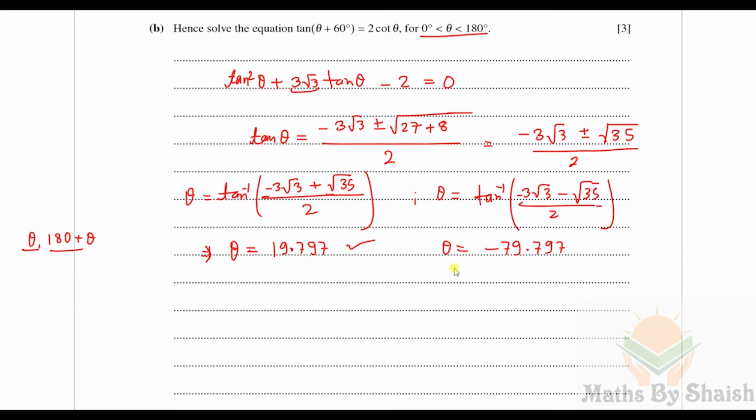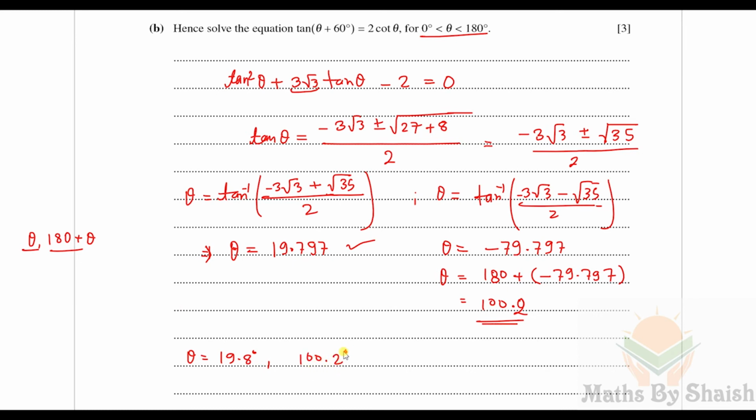It is going to be 180 plus the angle theta, that is minus 79.797, so it becomes 100.202, which to one decimal place is 100.2. So the two solutions are theta is equal to 19.8 degrees and 100.2 degrees.